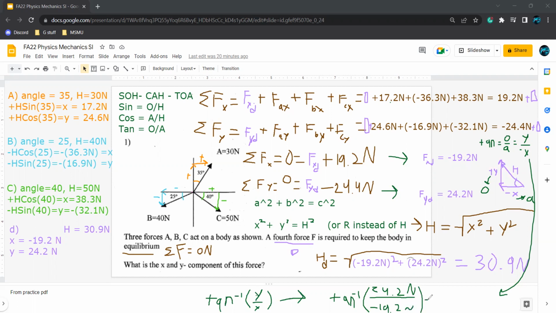Plug that in. -2 over -2. Actually, I think this negative is going to become a positive because we said that the negative x was under there. But that's going to give you 51 degrees.